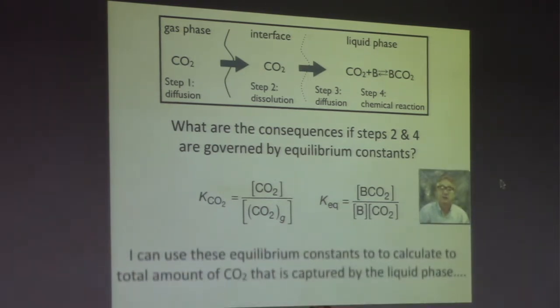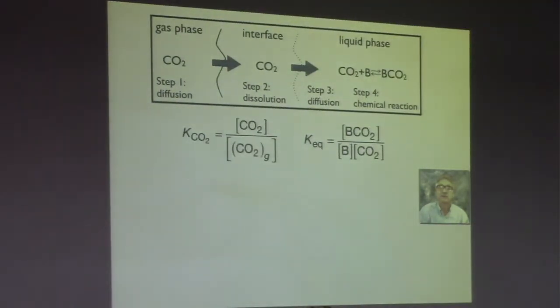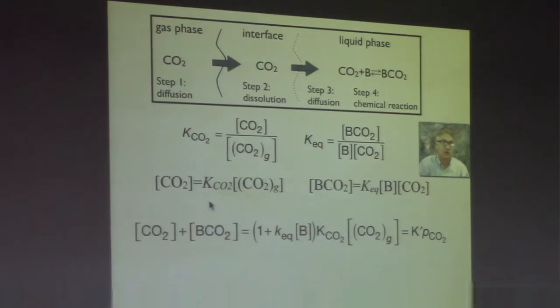I can use these equilibrium constants to calculate the total amount of CO2 that is captured. The CO2 that's dissolved in this chemical species here is given by this expression, which looks like a modified Henry coefficient times the partial pressure of CO2.